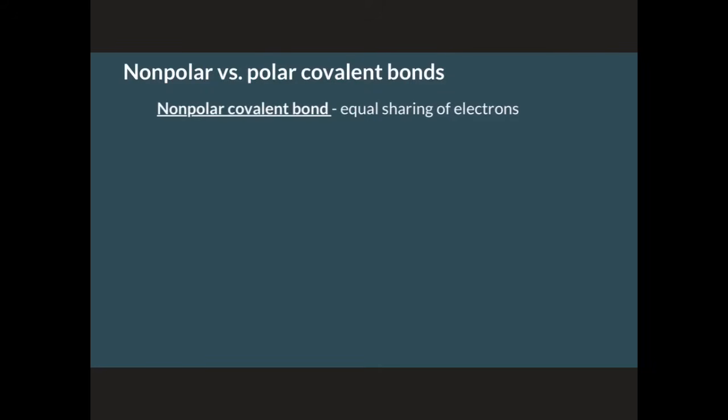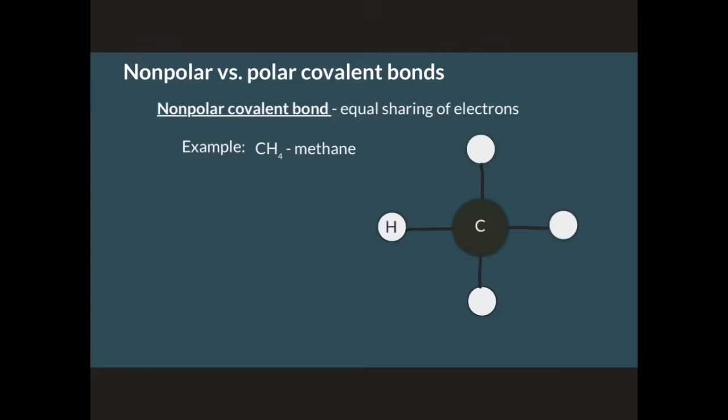In a nonpolar covalent bond, there is going to be an equal sharing of electrons. This is because the atoms that are involved within the bond have similar electronegativities. An example of this would be CH4 or methane, where we have one carbon attached to 4 hydrogens.